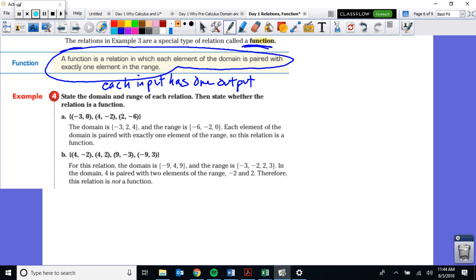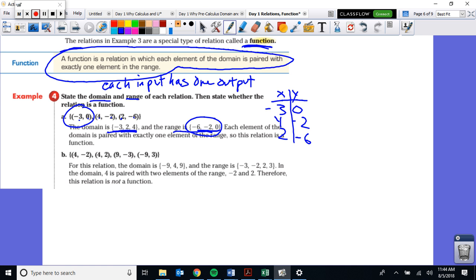So the first thing first. Example 4, state the domain and range. I'm not going to go over that because you see the domain is the x values and the range is the y values. So the domain is -3, 4, and 2, and the range is 0, -2, -6. That's easy. Is it a function? That's the thing we're going to do. I always look at it like this: -3, 0, 4, -2, and 2, -6.